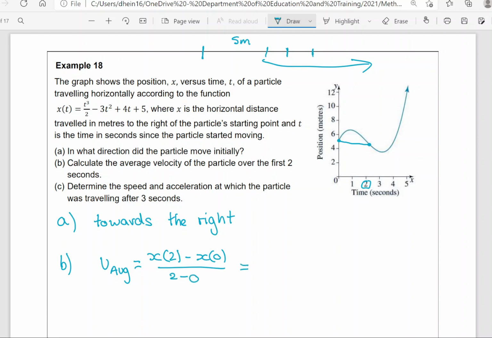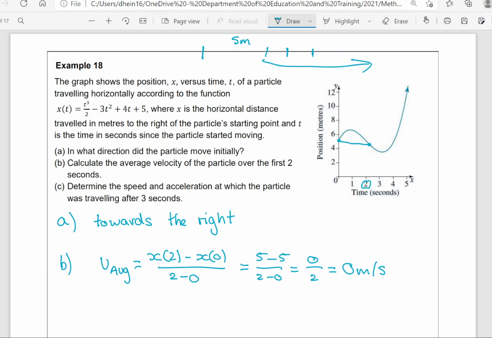So the distance at 2, we've got 2 cubed over 2, that's 2 squared, 4, minus 3 times 2 squared, that's 12, so 4 minus 12, plus 8 is going to get us 0, and so we're going to get 5 minus 5 over 2 minus 0, which gives us 0 over 2, which is 0 meters per second. So the average velocity of the particle over the first 2 seconds is 0 meters per second.